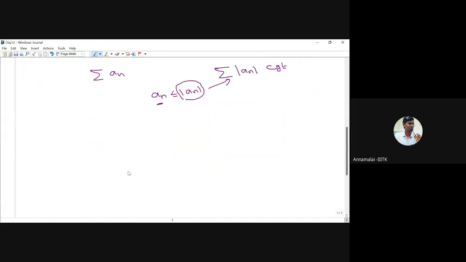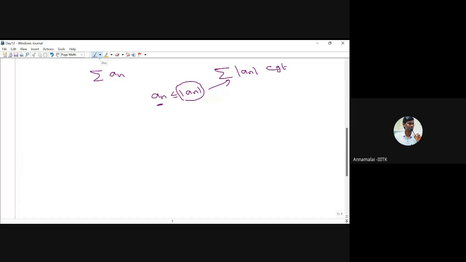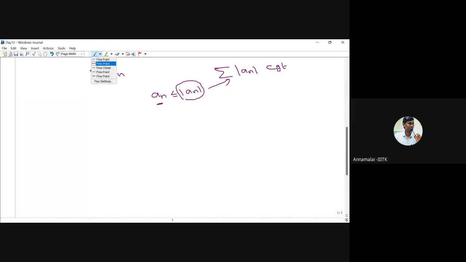Now, another important theorem is called the Leibniz theorem. Before that, we define what an alternating series is. Alternating means we alternately have positive and negative terms.